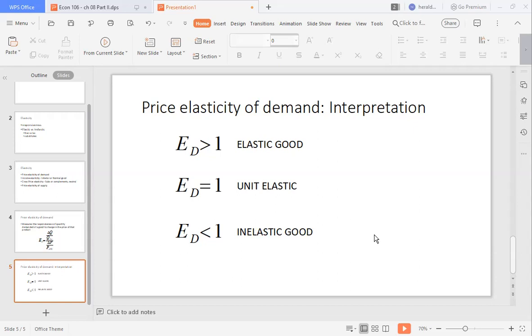I'm not pretty sure about alcohol these days, because there were a lot of liquor bans recently, so that might have affected the nature of that. People might be starting to realize that there are other alternatives. But in terms of cigarettes, I'm pretty sure that it's still considered an inelastic good.